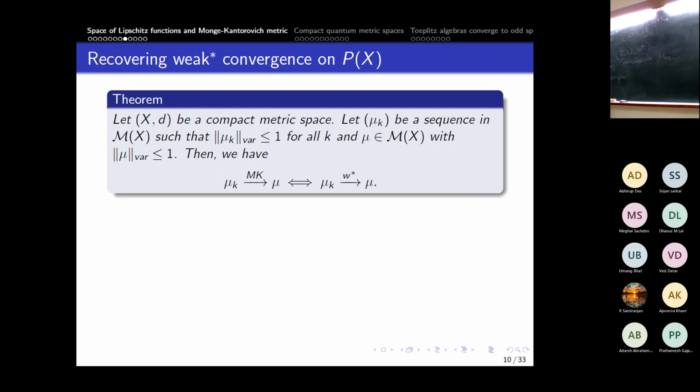The topology is generated by countable seminorms, but it can't be given by a single norm.